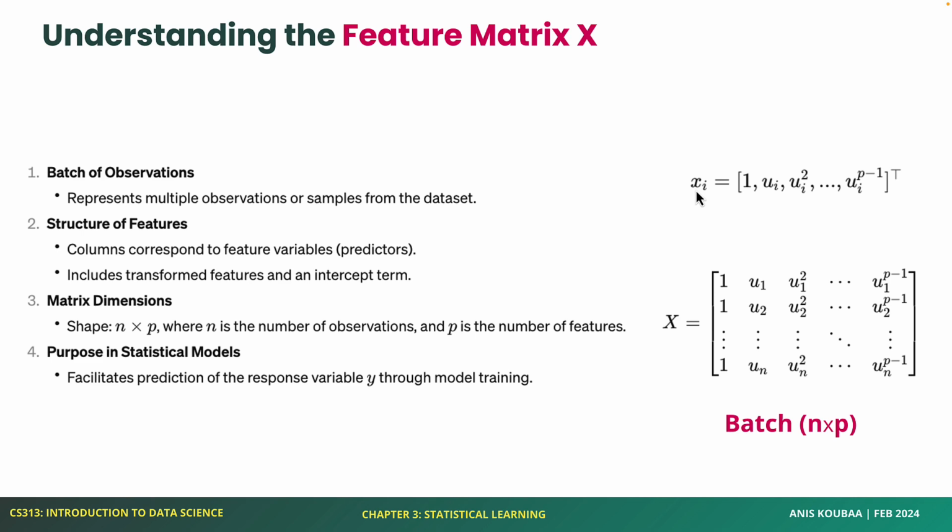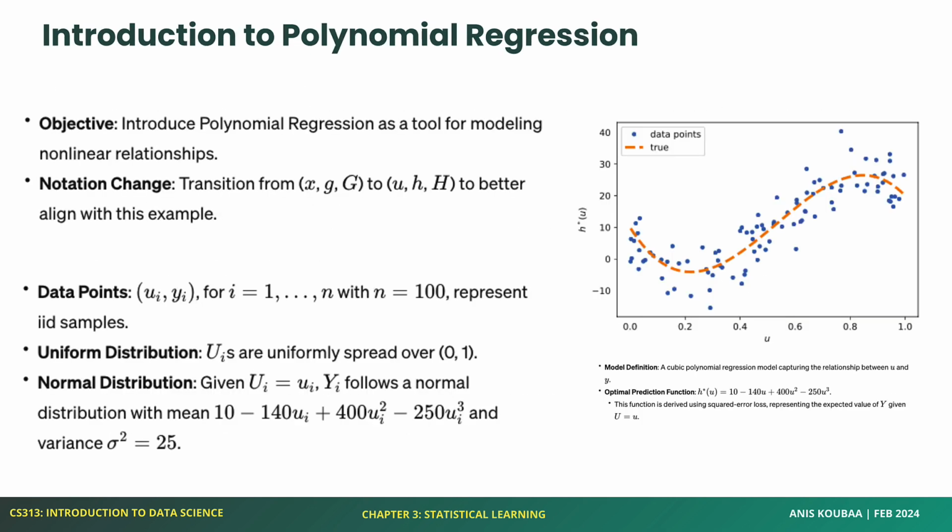No, xi, it's a feature vector. Now, if we take the simplest problem, think about these points, surface of a house, and this is the price. So this point is u, and it will lead to a feature vector 1, u square, u cube, and u to the power. It's one feature.